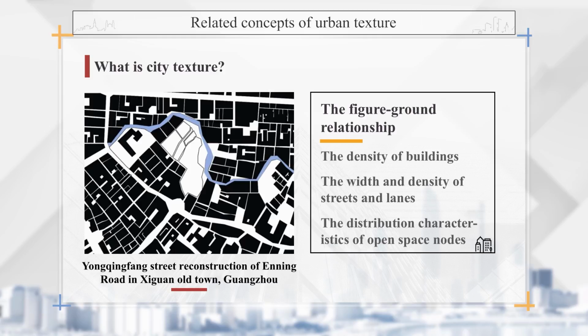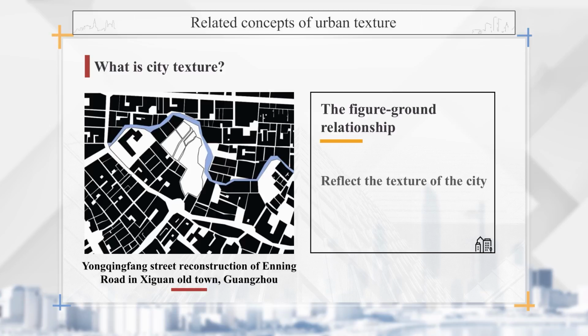We take the figure-ground relationship of Yongqingfang block of Enning Road in Guangzhou as an example. Black is building, white is the scale and the geometric form of the building and open space formed by the street.